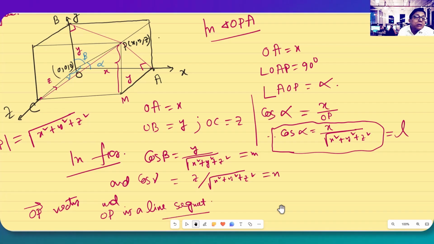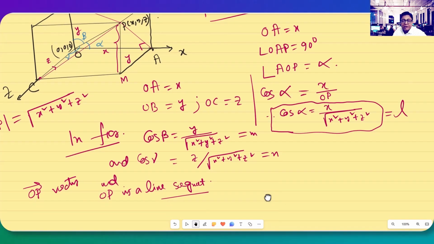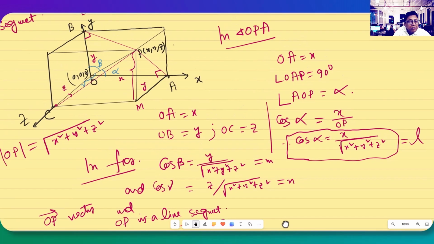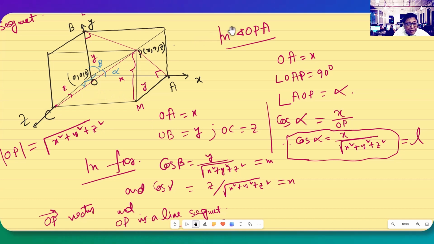If we know something about OP, then we know something about the vector OP and the line whose part is OP here. So I'll be defining all the terms in terms of a line or a vector.